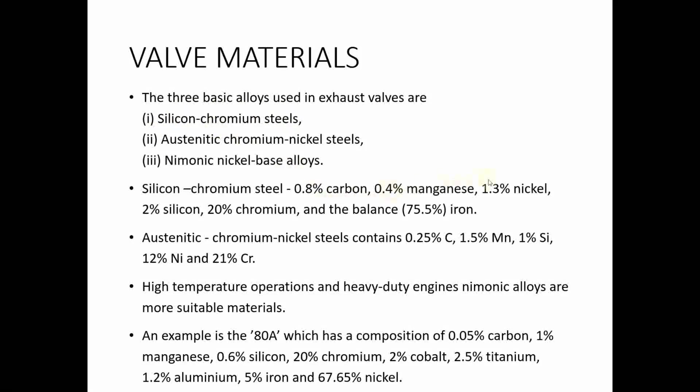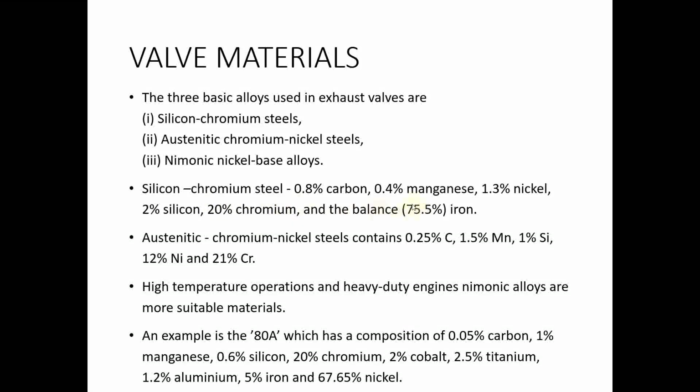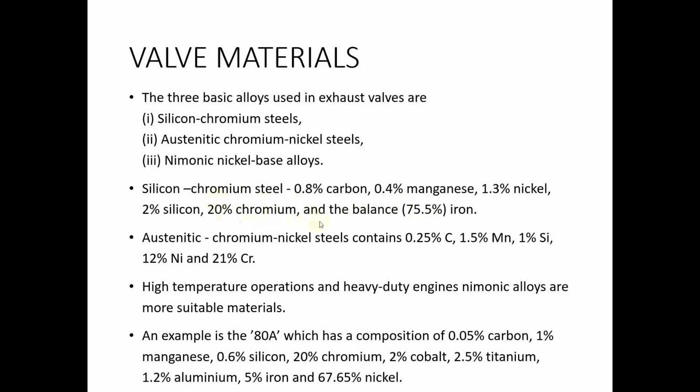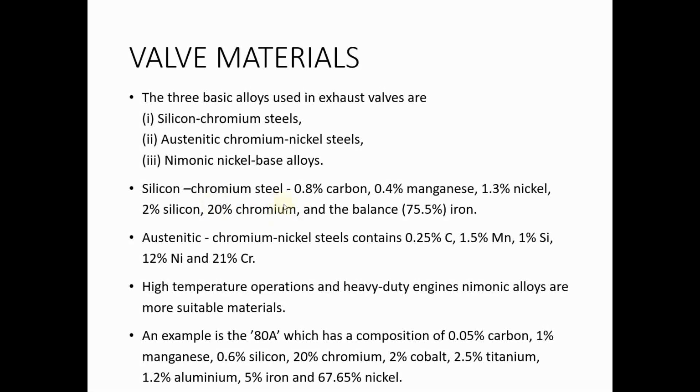The composition is shown here: 0.8% carbon, 0.4 manganese, 1.3 nickel, 2% silicon, 20% chromium, and the balance is iron. So chromium and iron are the major components. Chromium is used to improve the hot hardness, that means the resistance at higher temperatures is increased by the addition of chromium. Silicon chromium steel was used in earlier days.